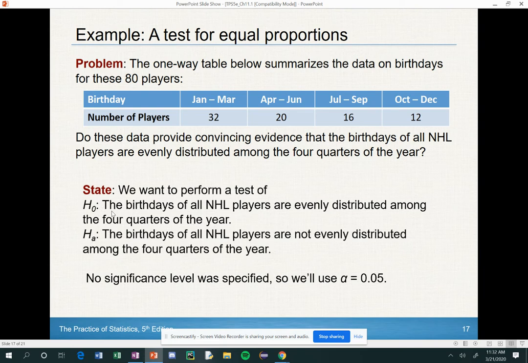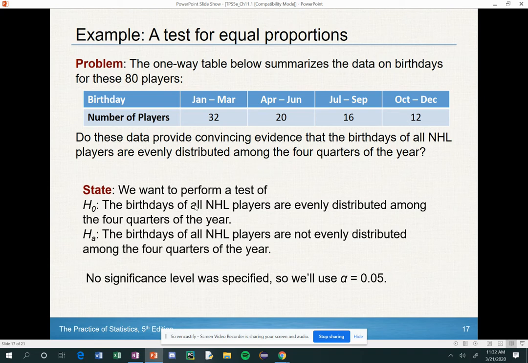So the null hypothesis is the birthdays of NHL players are evenly distributed among the 4 quarters of the year. Since there are 4 quarters of the year, this is 25%. We would expect 25% of all the players to come from this range, 25% from here, 25%, 25%. That is the null hypothesis, meaning his theory is not true at all.